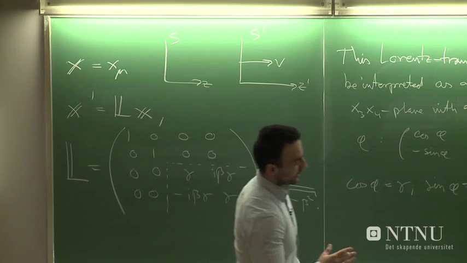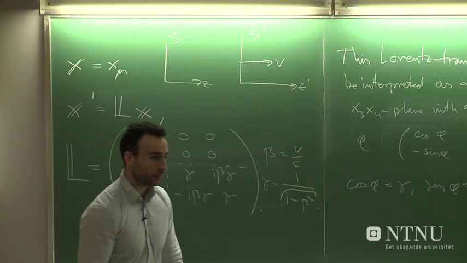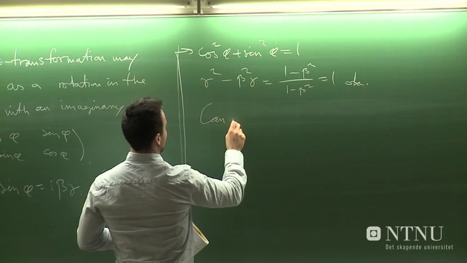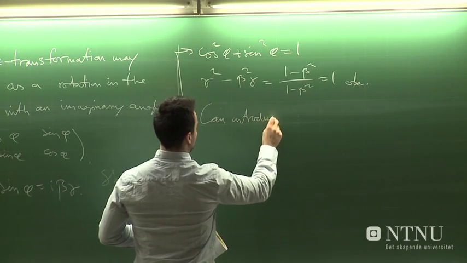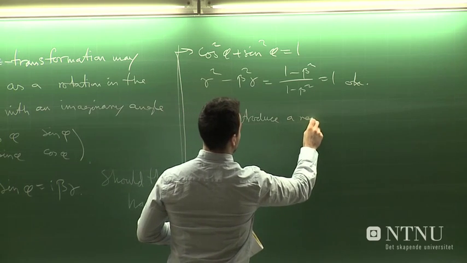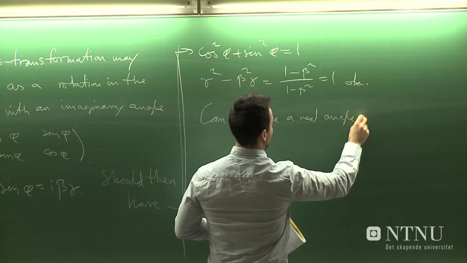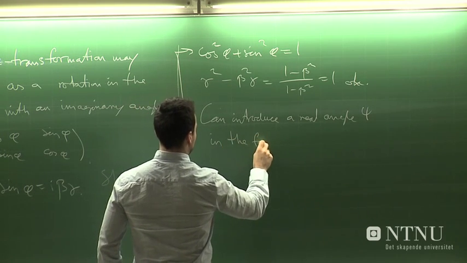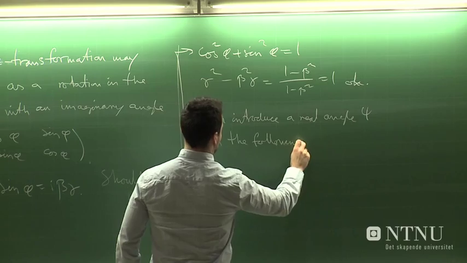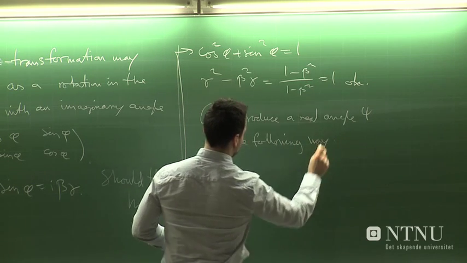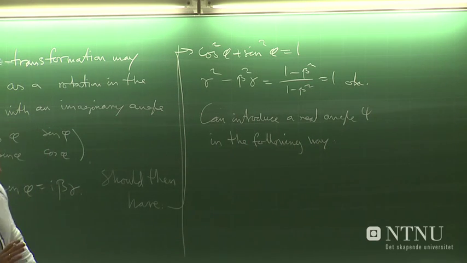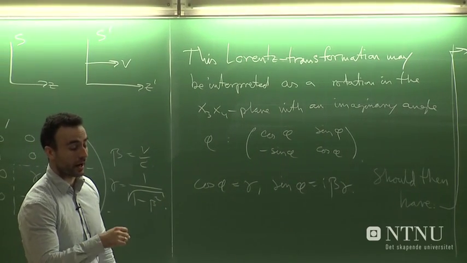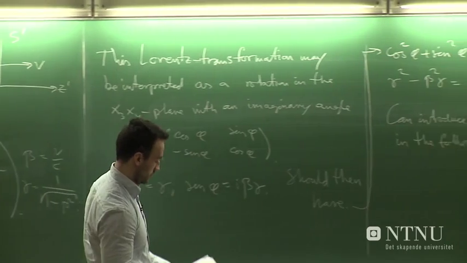Now, if you don't like the idea of working with an imaginary angle, we can make it real by exchanging the cosines and sines with their hyperbolic counterparts.